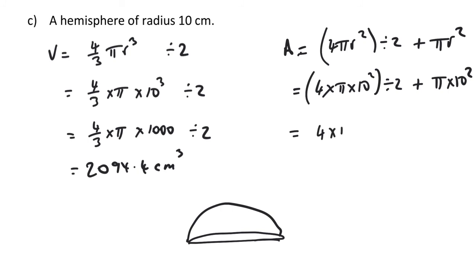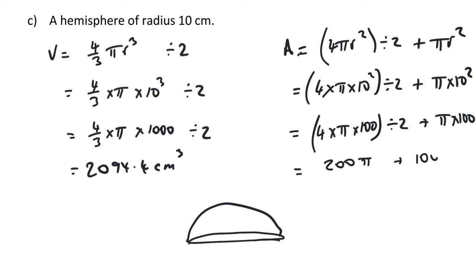So that's 4 times pi times 100 divided by 2 plus pi times 100. This actually simplifies. So 400 pi divided by 2 is 200 pi plus another 100 pi, which is 300 pi, and that is 942.48 square centimetres. Of course, we don't need to work that out in terms of pi, but it's very easy to do so.